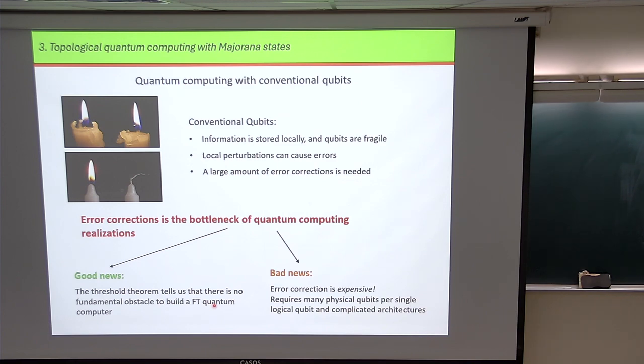But in quantum systems it is tricky because you cannot copy a superposition state. You can prove this mathematically. It's called the no-cloning theorem. So error correction is tricky and typically involves many, many other qubits just for error correction. You can do it, but it's very expensive, and it's actually the bottleneck of quantum computing.